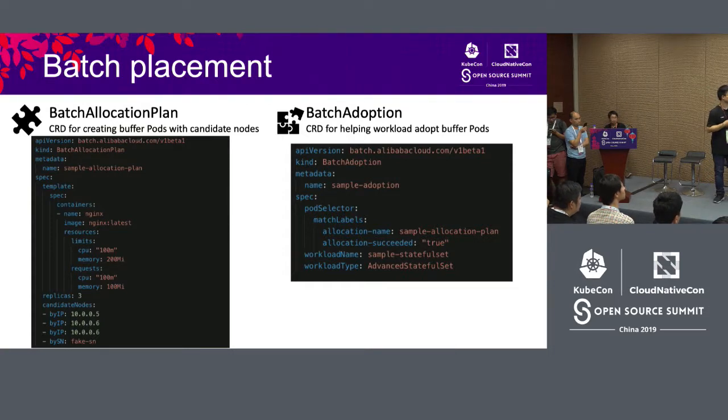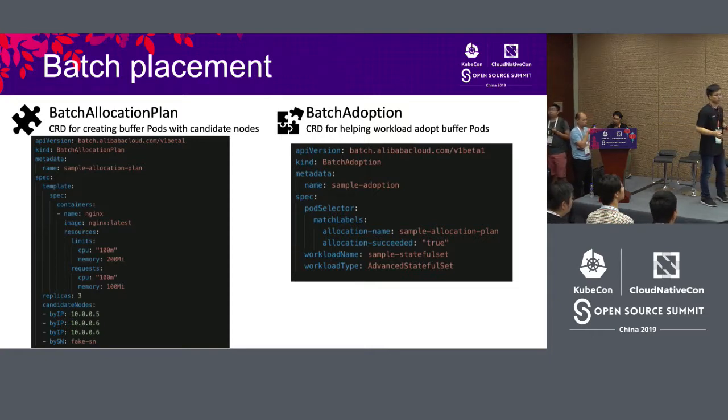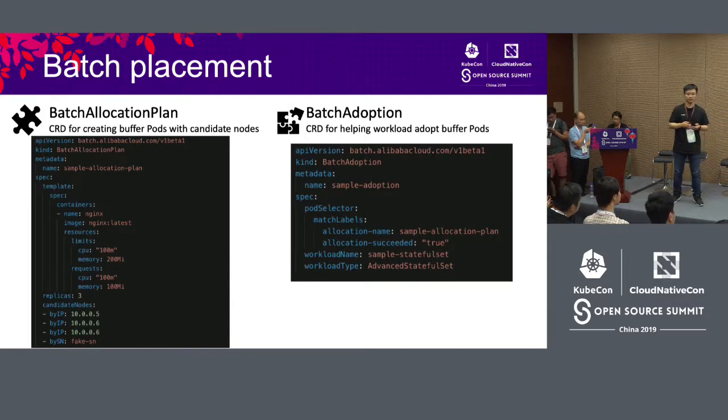Internally, we use two CRDs to deliver the function. One is called a batch allocation plan, the other is called a batch adoption. The batch allocation plan, by its name, creates buffer pods with candidate nodes. That is to say, in this flexible resource pool, if we were to create hundreds of thousands of pods, we cannot guarantee that the first distribution is in line with our expectation.